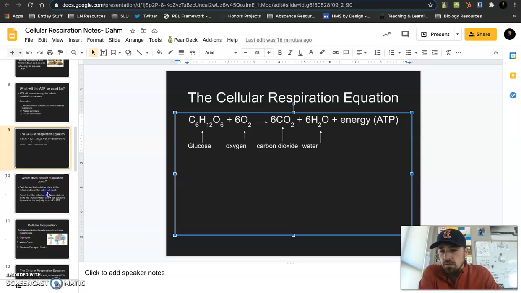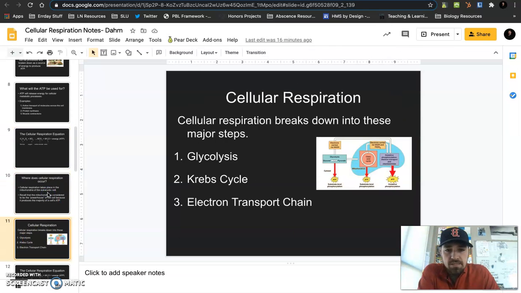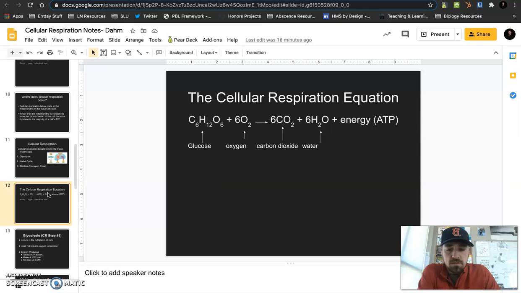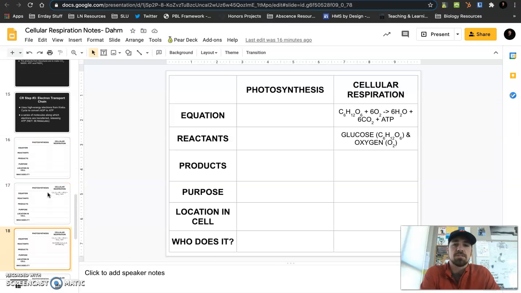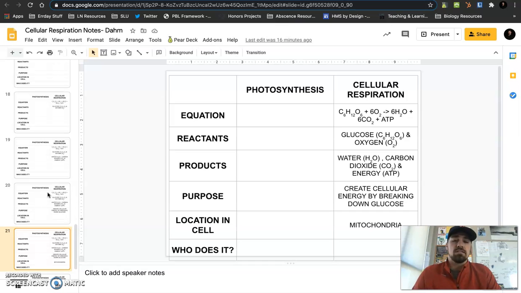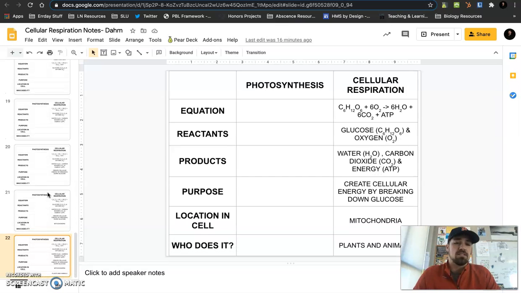So if we look at cellular respiration as a whole, I don't know if I want to necessarily go into each of those steps, but this is a good kind of chart to know, okay, as far as how this works. Cellular respiration, here's the equation, okay? Here's the reactants. These are what go into the reaction, okay?